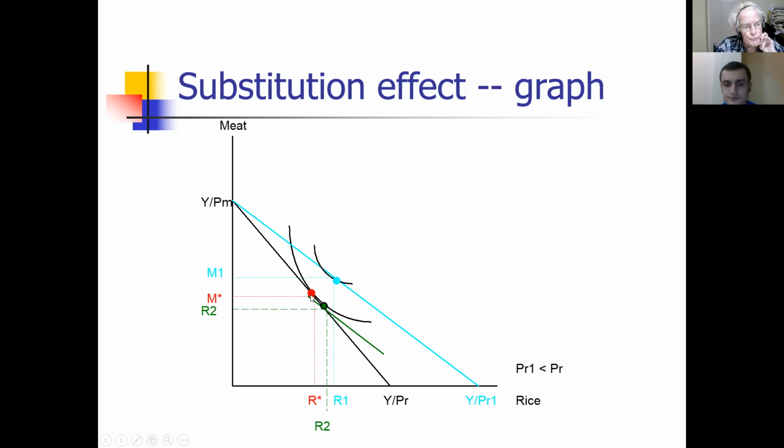So there is the substitution effect. We consume R2 rice, more than the original amount of R star. The substitution effect is R2 minus R star. Okay, so far.